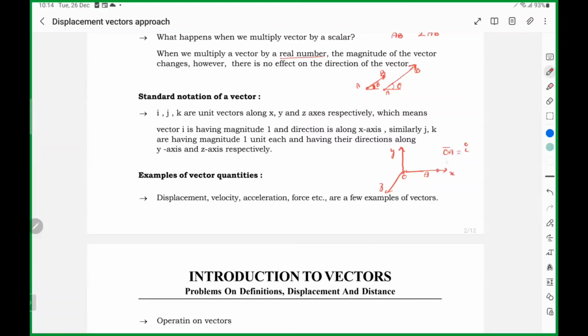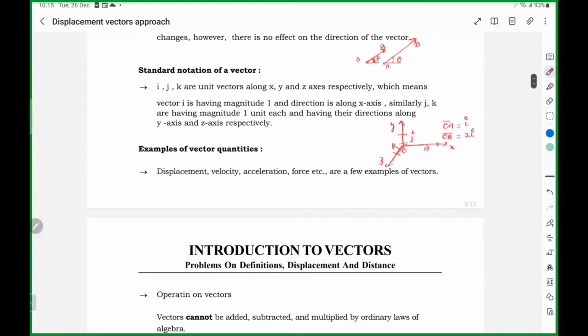If it is 2 units, I will write 2i. Similarly, along y-axis, 1 unit j. These are standard unit vectors along xyz axis. Here, few examples of vector quantity: displacement, velocity, acceleration, these are examples.